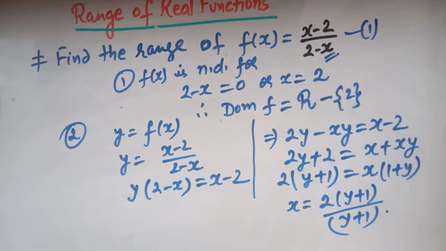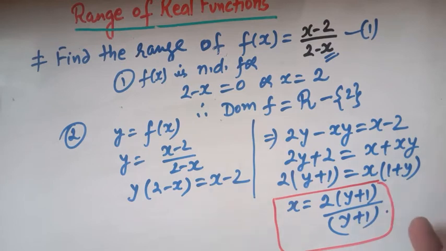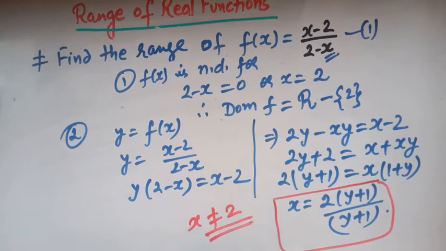So what will we do here to find the range? From this equation, we see that x cannot take value 2. So what does it mean? x can take any value other than 2 in the set of real numbers.